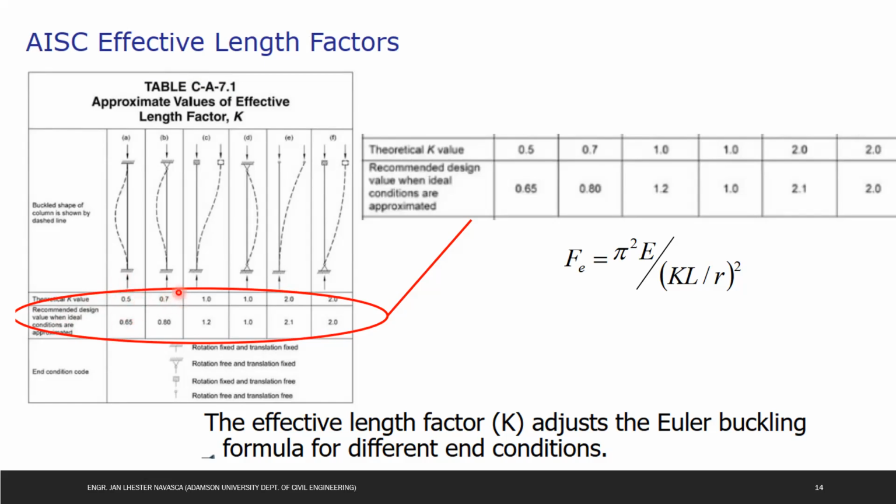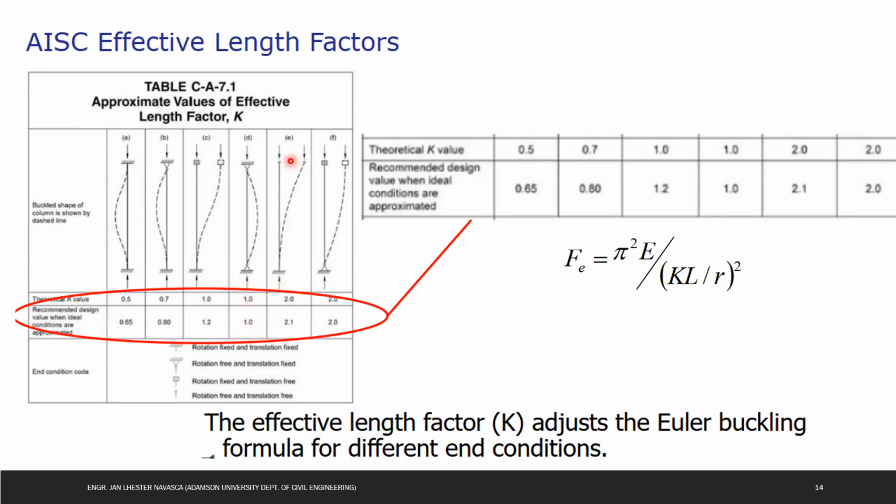The theoretical value for fixed and pin ended supports, 0.7, will now be 0.8. Then for both ends pin, they are still 1.0.